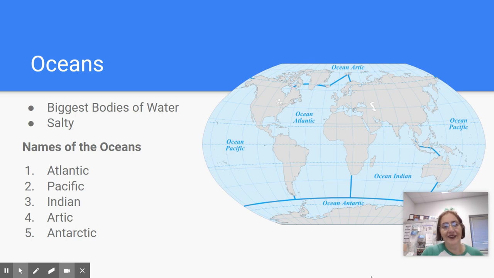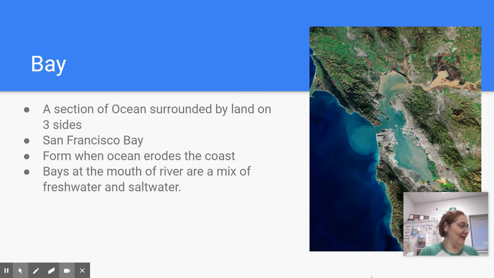Okay. All right. Next one are bays. So bays are actually sections of ocean surrounded by land on three sides. So here in our notebook, we have bays. I'm going to put some information here.